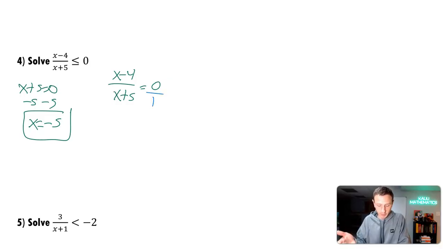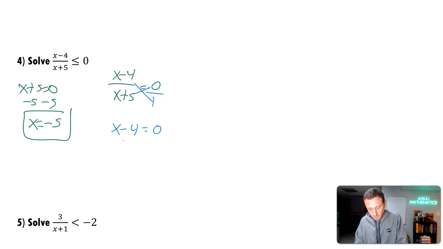So if I cross multiply, x plus 5 times 0 is 0. So it's x minus 4 equal to 0, because x minus 4 times 1 is x minus 4. And then I add 4. So I get x equal to 4.